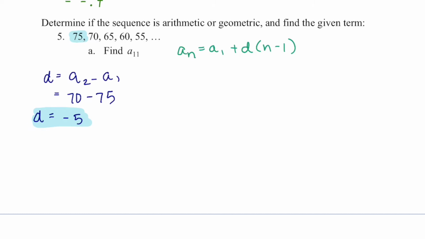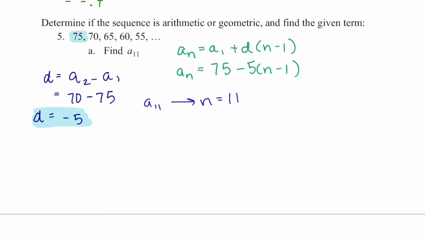My formula is going to be A_n equals 75 minus 5 times (n minus 1), right? That is my explicit formula. I need this explicit formula to be able to find my 11th term, right? So when I ask for the explicit formula on the quiz, I'm looking for the formula with A_1 and d in it for arithmetic. To find A_11, that tells us that n equals 11.